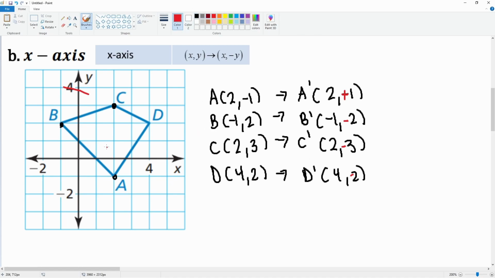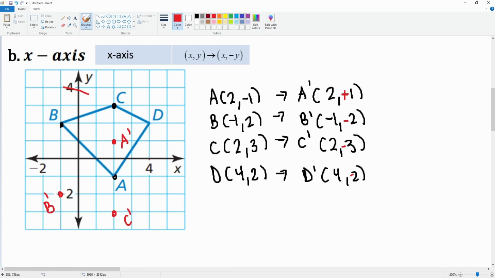Now we can plot the points. (2, 1), this is A prime. (-1, -2), which is B prime. (2, -3), it is C prime.